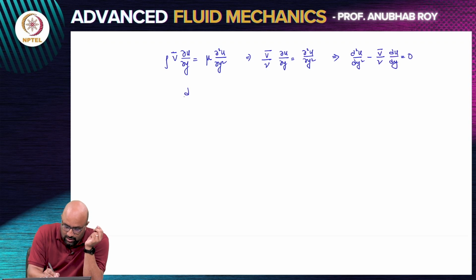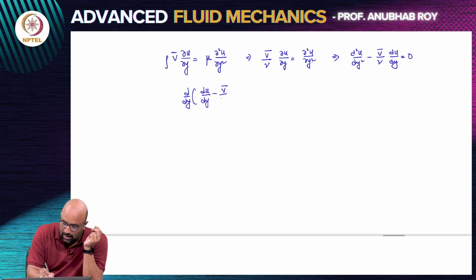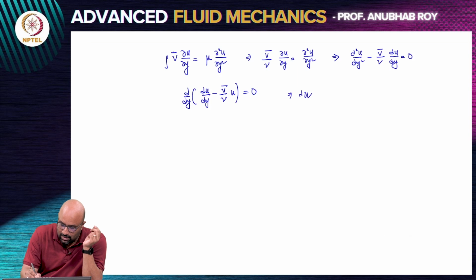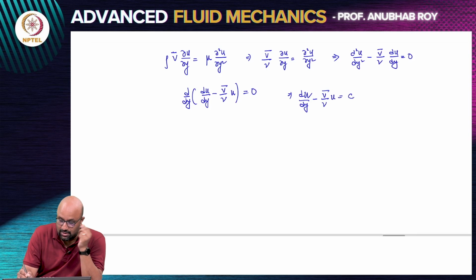So, the solution, I can write this as d/dy of (du/dy minus v bar by nu u) is equal to 0. So, du/dy minus v bar by nu u is equal to some constant, let us call it C1.